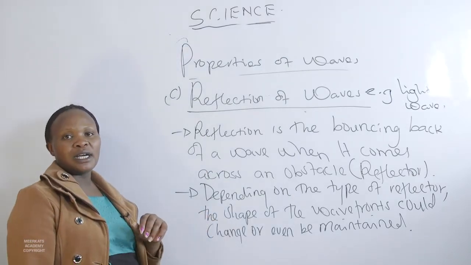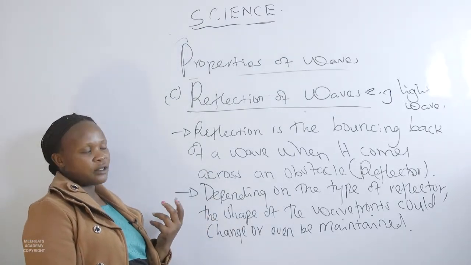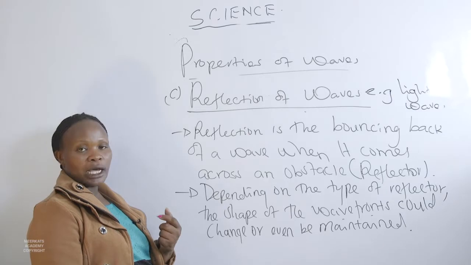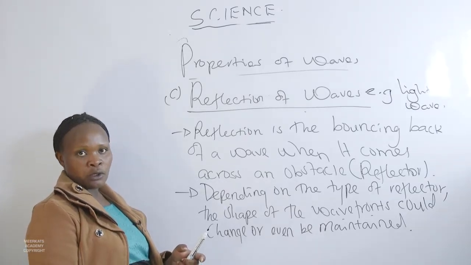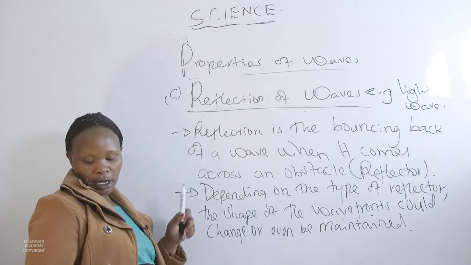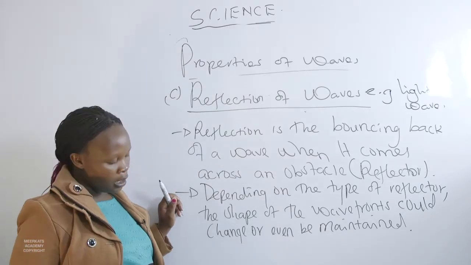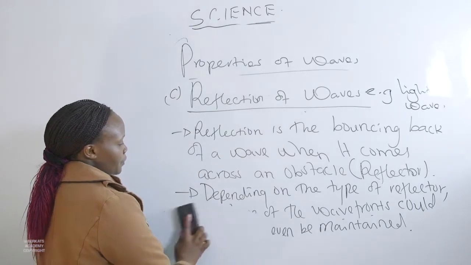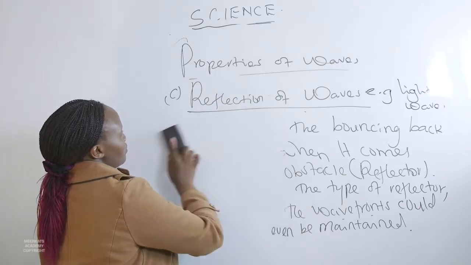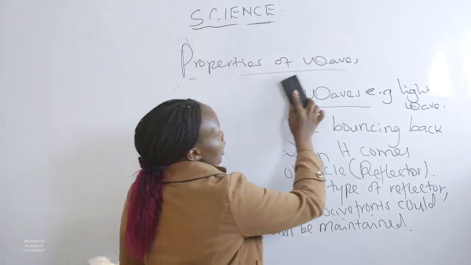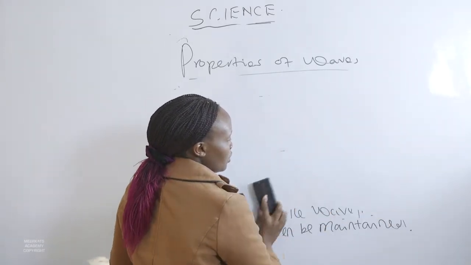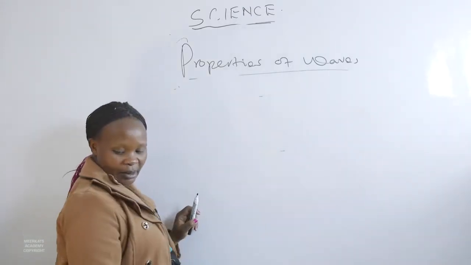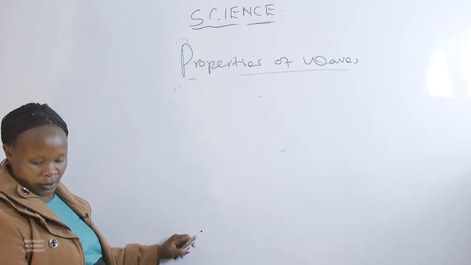Now we will look at several types of reflectors and see what effect they have on our wave fronts when they are reflected. We look at different types of reflecting surfaces and see what effect they are going to have on the shape of our wave fronts.